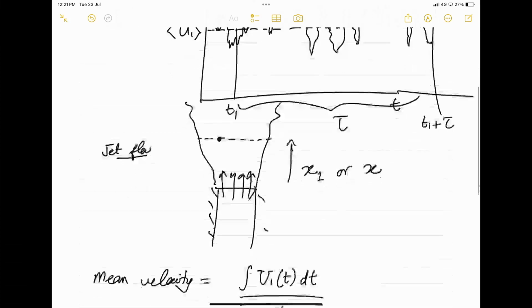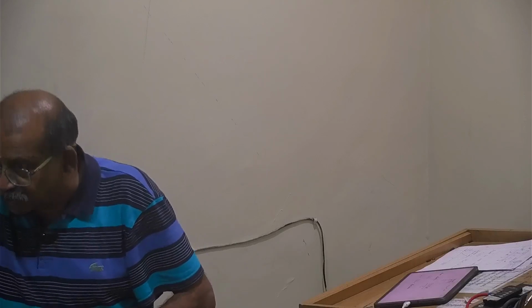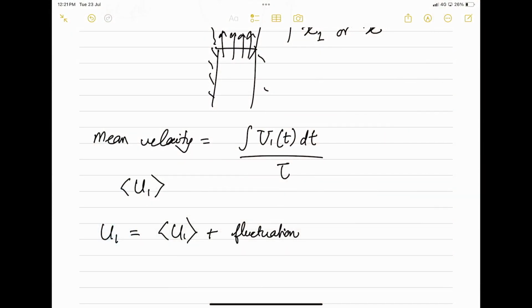So if the velocity is u1, this will be equal to the mean of u1 plus the fluctuation, and the fluctuation can be either plus or minus. That is why I write it as plus fluctuation. Fluctuation can be negative also. In points where the velocity is below the mean velocity, the fluctuation will obviously be negative.